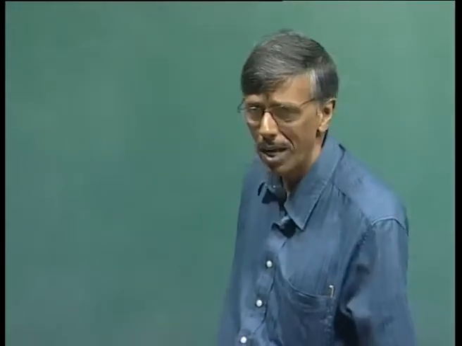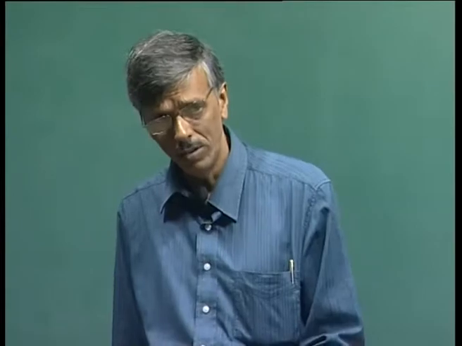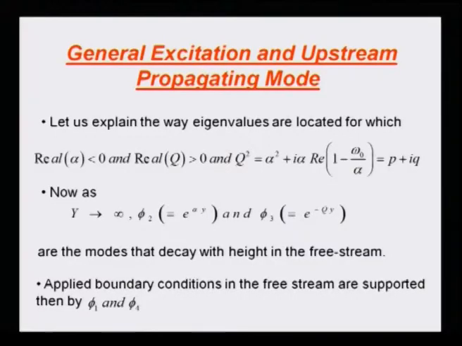Phi 1 and phi 4 would, complementarily, support the free stream condition. Okay, that is what we are saying, that we should be able to use that, and that was the reason we decided to keep all the 4 fundamental solutions.